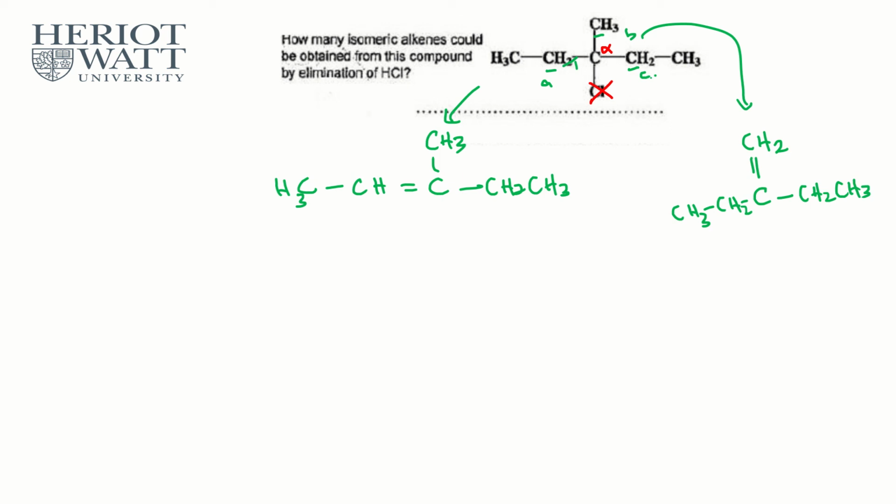This is another alkene. If I'm removing from C, look at that, A and C are the same, symmetrical. Look at the whole structure, of course, not just the CH2. On the left hand side is CH3, CH2. On the right hand side is CH3, CH2 as well. So there's no difference if you remove hydrogen from either one of them. So A and C will give you the same structure. Therefore, the total isomeric alkenes formed in this case will be 2.